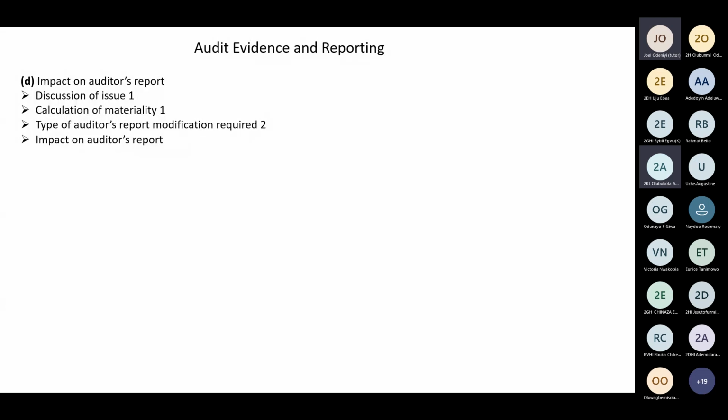If it's a material misstatement, that would certainly impact the current year's financial statements. If management is ready to pass the necessary adjustments, then there's no more material misstatement. But if management refuses to make the necessary adjustment and it's material, the auditor will give a qualified opinion. If it's material but not pervasive, qualified opinion. If it's material and pervasive, then it will be an adverse opinion.